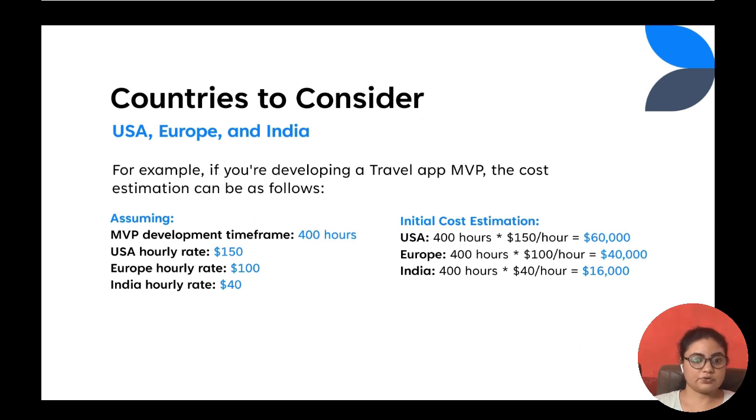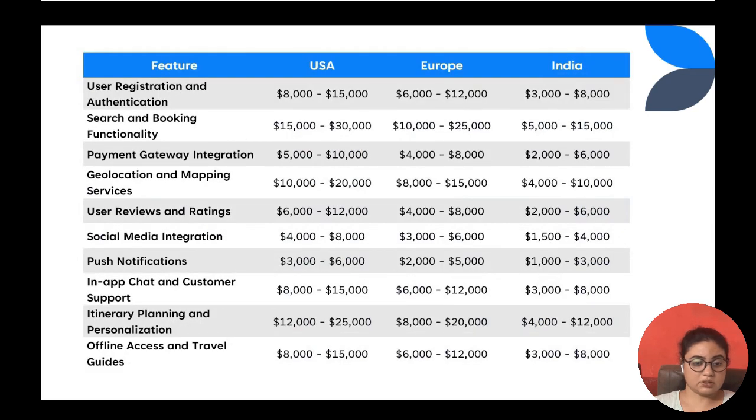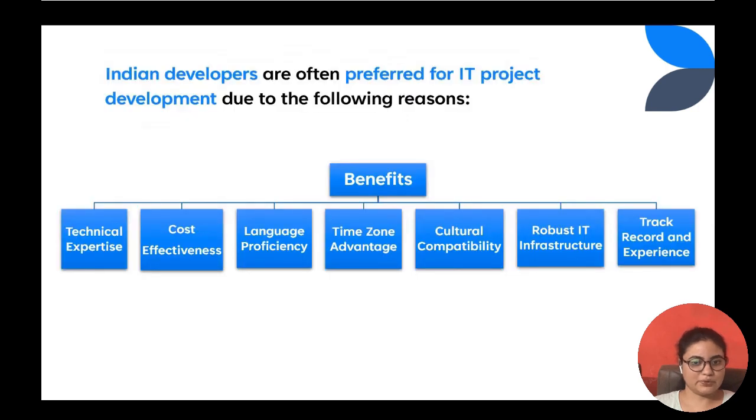So let's dive into the comparison table of the features development in different countries. For user registration authentication, it will cost you minimum $8,000 in USA, minimum $6,000 in Europe, and minimum $3,000 in India. So here's this table for your reference. You can keep checking it out during this video or later on.